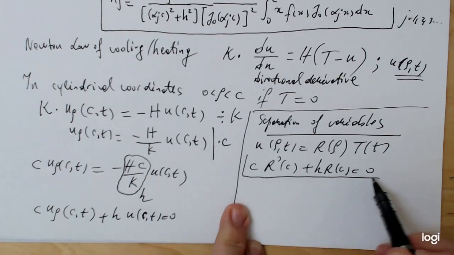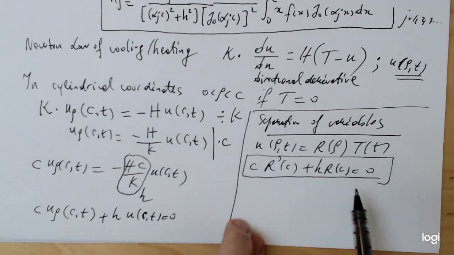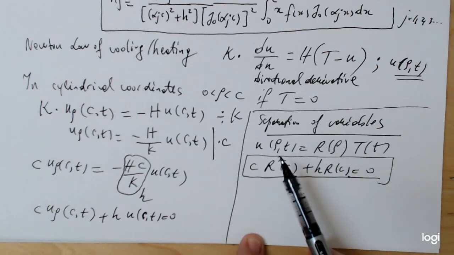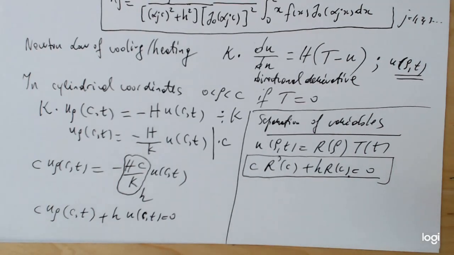Remember, previously we had R of C equals 0, or we had R prime of C equals 0. Now we have a combination of these, and this will be the condition.